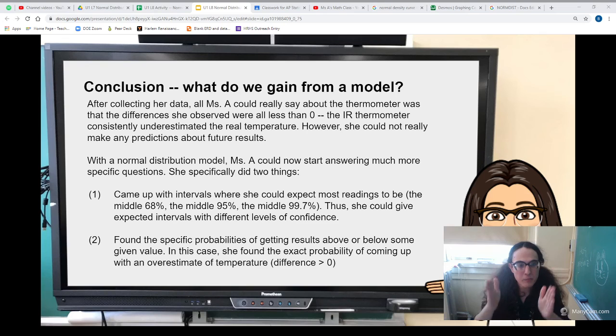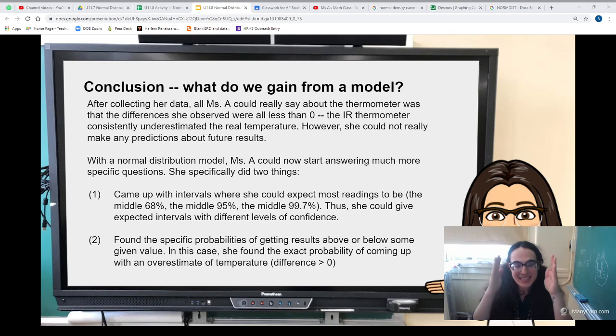First, we came up with intervals where we could expect most readings to be. We could find the middle 68% by going out one standard deviation to either side. We can find the 95% by going 2 standard deviations out from the mean to either side. Or we could find 99.7% of expected values from 3 standard deviations out, below or above the mean.